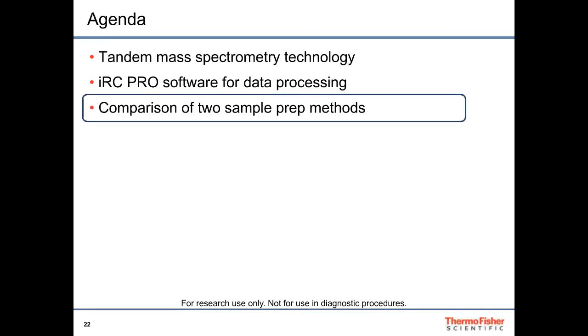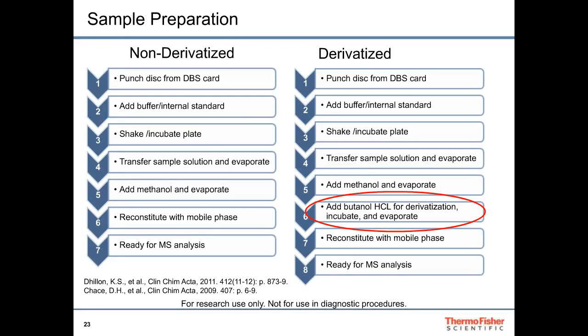After covering the instrumentation technology and software used to acquire and process data, we can now focus on sample preparation. The question is, do we need to derivatize or not? For this study, amino acids, acylcarnitines, and succinylacetone were extracted from dried blood spot punches using a single extraction step similar to that of Dillon et al., involving acetonitrile with 20% water and 0.05% formic acid.